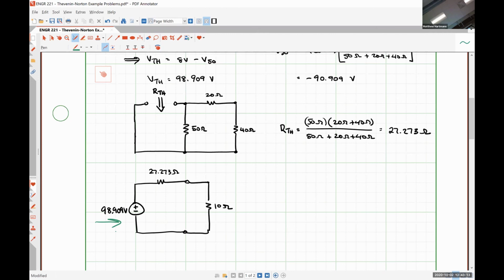This is a Thevenin equivalent circuit. It's just a practical voltage source representation of our original circuit.